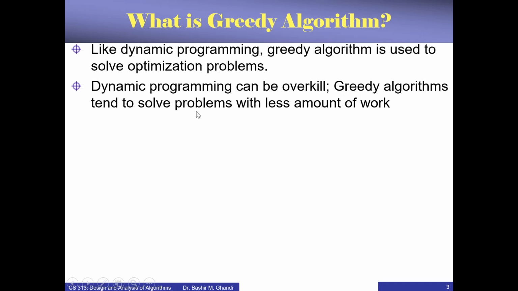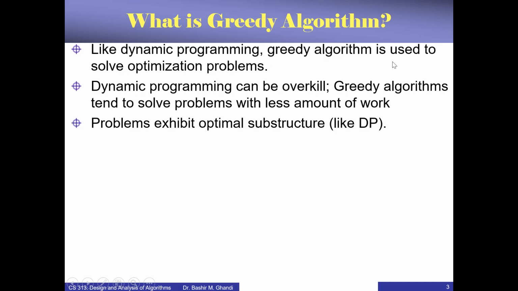Greedy algorithms tend to solve problems with less amount of work compared to dynamic programming. Okay. Now, however, they have similarity with dynamic programming. The problems that you will solve with greedy algorithm, they also exhibit the optimal substructure. Just like the dynamic programming, the problem must exhibit optimal substructure before you can apply both dynamic programming as well as greedy algorithm.